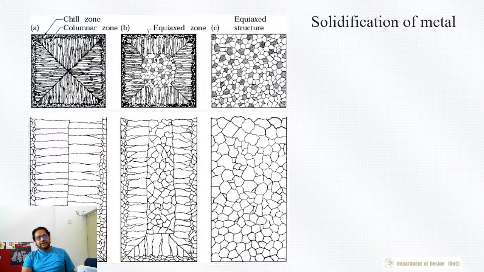Now take a second scenario wherein the difference between the outer environment and the molten block of material is not so much. Let's say it's steel and it's molten at 1400 degrees centigrade, and the outer temperature is around 500 or 600 degrees centigrade, so it's very hot.